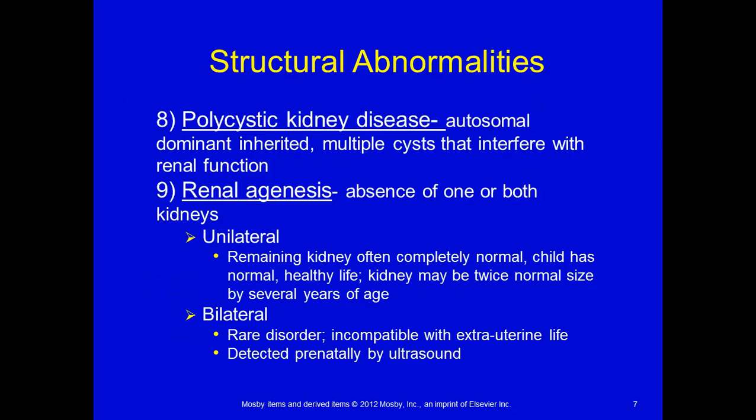Okay. And then the last two of the structural abnormalities is polycystic kidney disease. This is an autosomal dominant inherited disease that's basically characterized by multiple cysts that continuously appear, grow, and proliferate, and interfere with renal function.